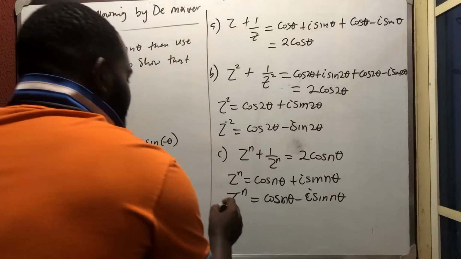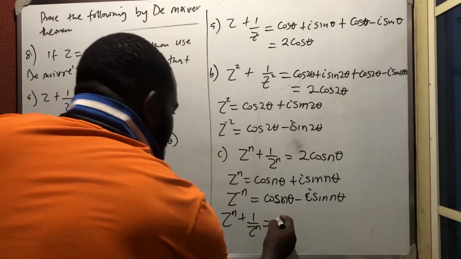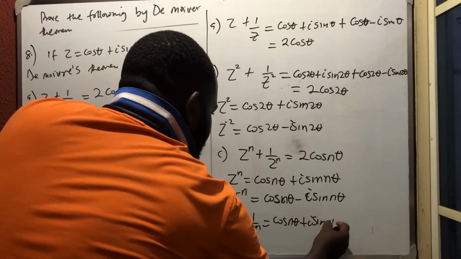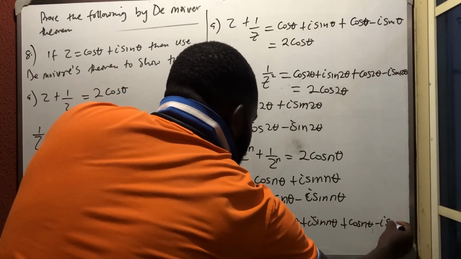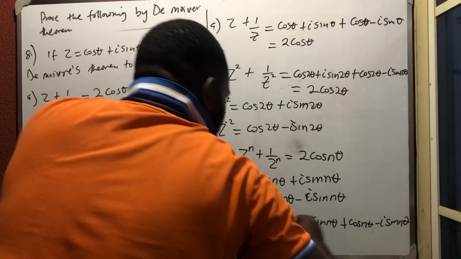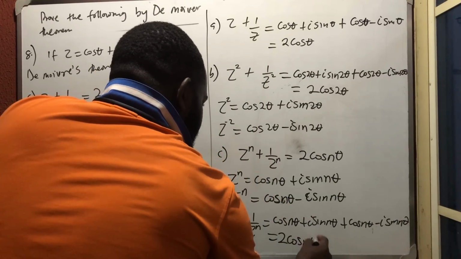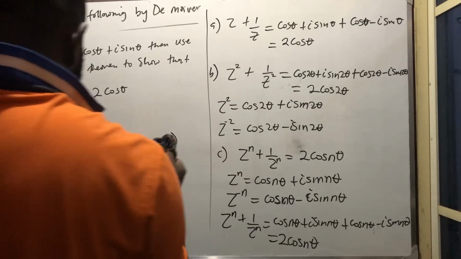If you add both of them, z^n plus 1 over z^n is cos n theta plus i sine n theta plus cos n theta minus i sine n theta. So this and this is gone, and I'm left with 2 cos n theta. Proved. So we are done with that.